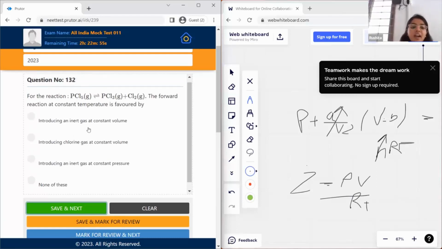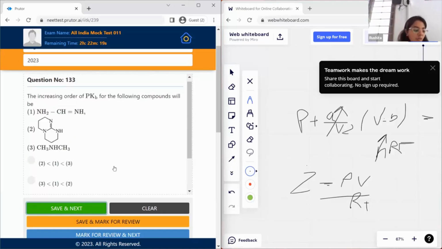And the other one is that anything added at constant volume would not make a change, because if you are adding it at constant volume, you are not increasing the quantity of the reactant or the product. So anything added at constant volume would not move the reaction forward or backward. So this and this get eliminated. If you introduce an inert gas at constant pressure, then the forward reaction would be favored. So here option 3 is the correct one.